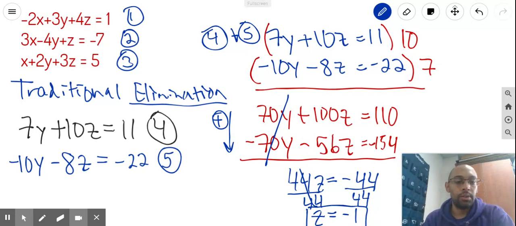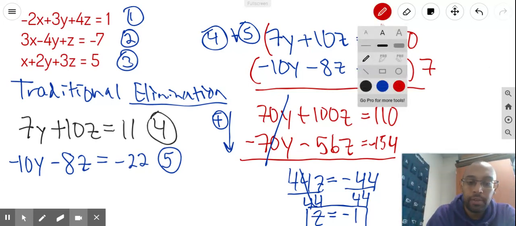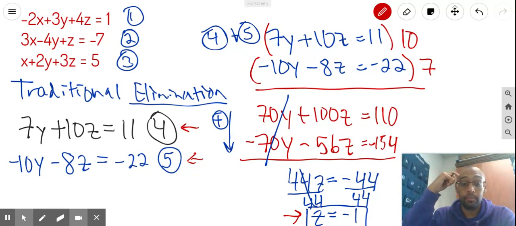Okay, so z is negative 1. Now that I have z, I can find y by going back to either equation 4 or equation 5 and plugging it in.